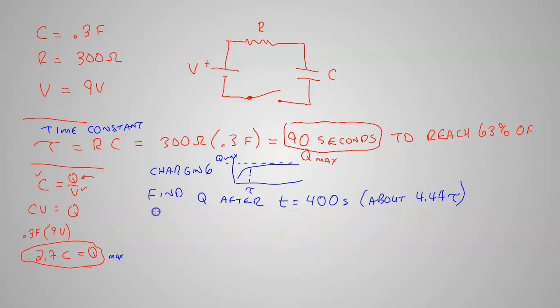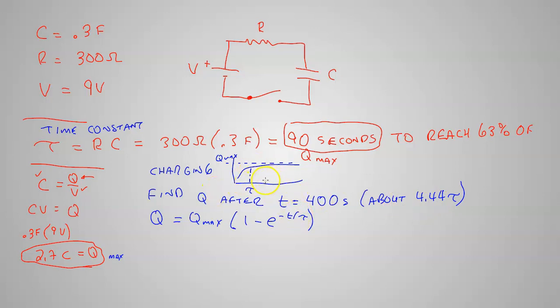So when I write this formula, Q at any time is equal to Qmax times 1 minus e to the negative t over tau. You see how that t over tau is kind of this number right there, that 4.44? Okay? It's saying how many time constants are you going out there.